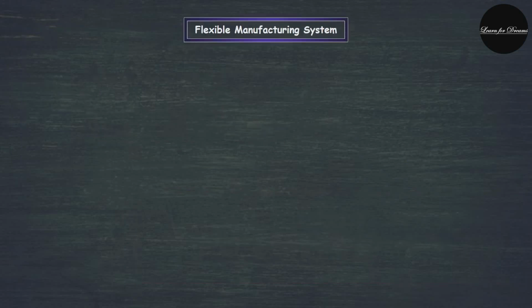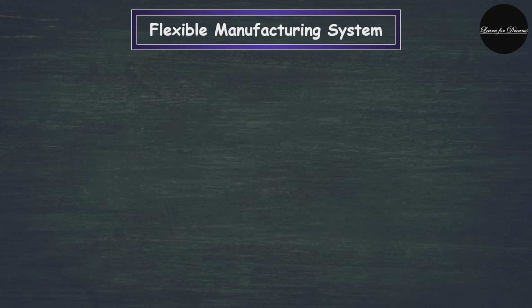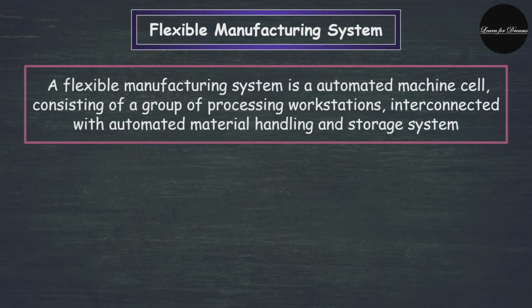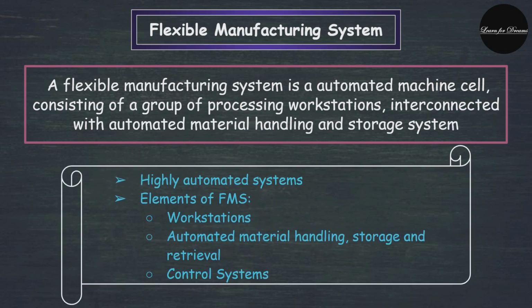Now the flexible manufacturing system. The definition: a flexible manufacturing system is an automated machine cell consisting of a group of processing workstations interconnected with automated material handling and storage system. Highlights: highly automated systems.